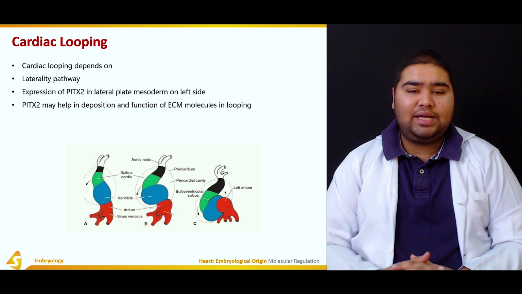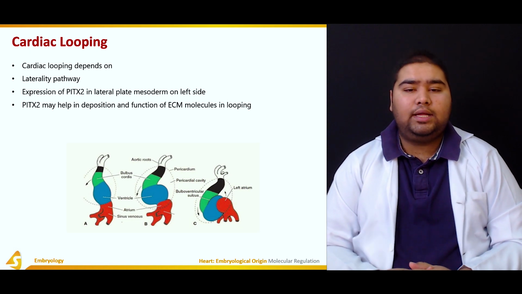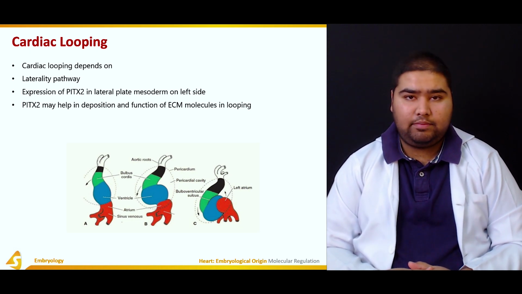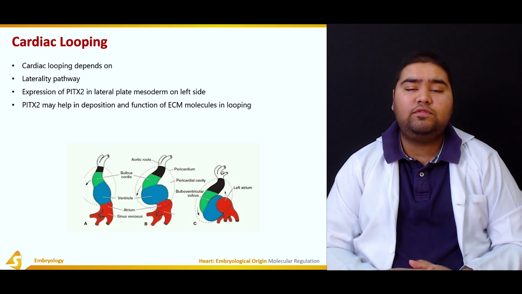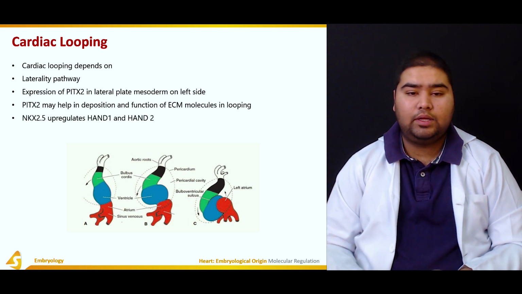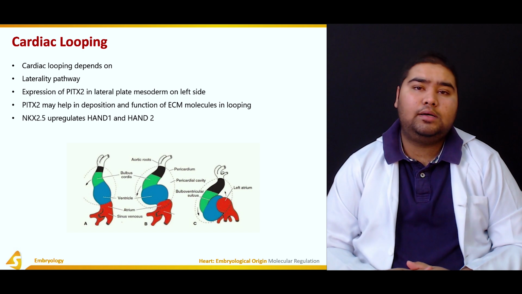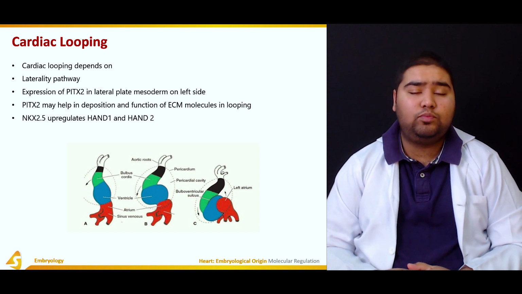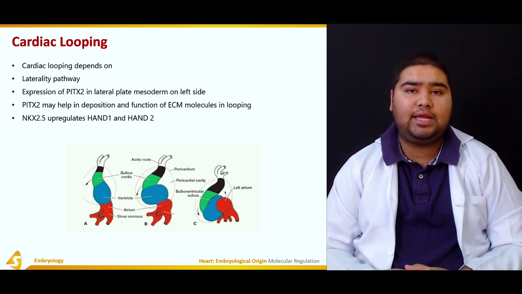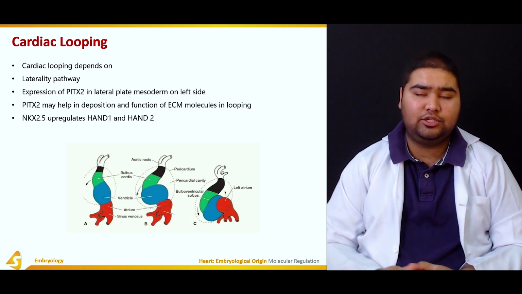So how does it do that? It helps in the deposition and function of extracellular matrix molecules in the process of cardiac looping. Now we have a role of NKX2.5 as well, which upregulates HAND1 and HAND2.